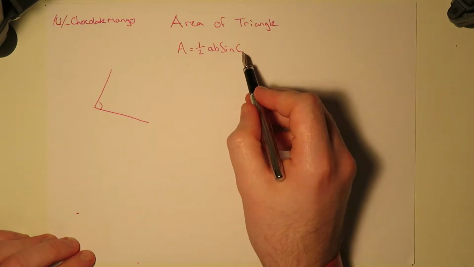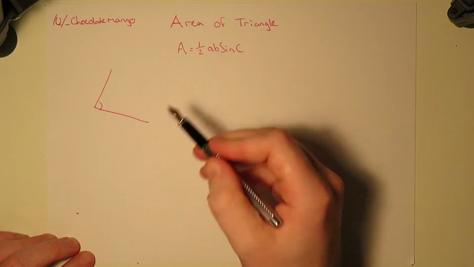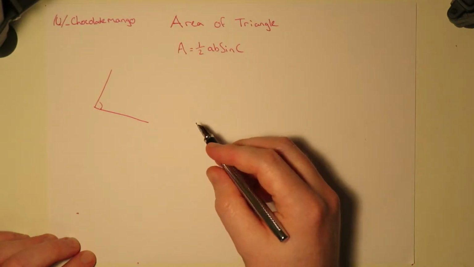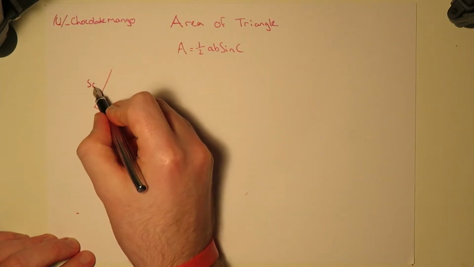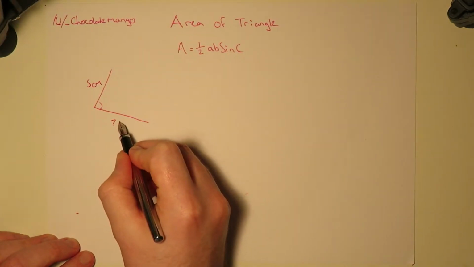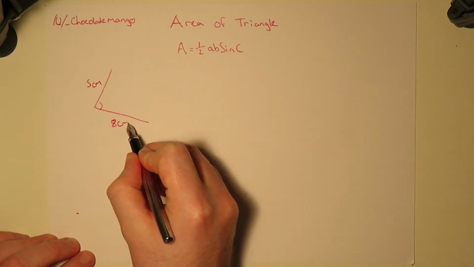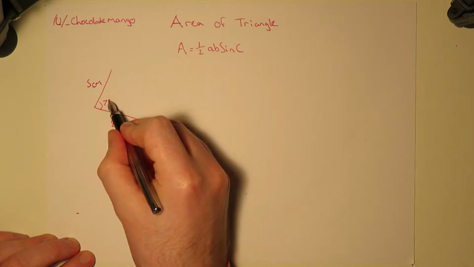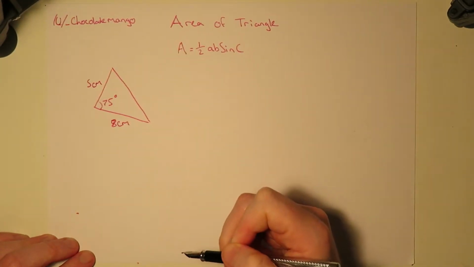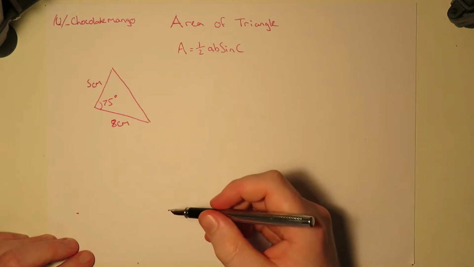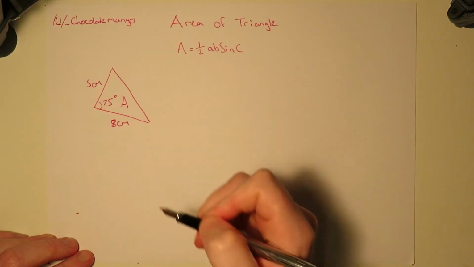But how do you decide what angle C is or what lengths A and B are? Well, that's really easy as well. So in this example, we have lengths of 5 centimeters and 8 centimeters, and the angle in between them is 75. We want to calculate that area.